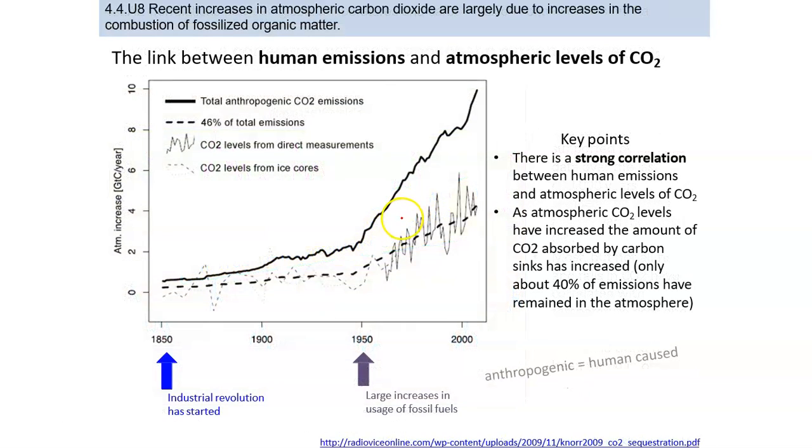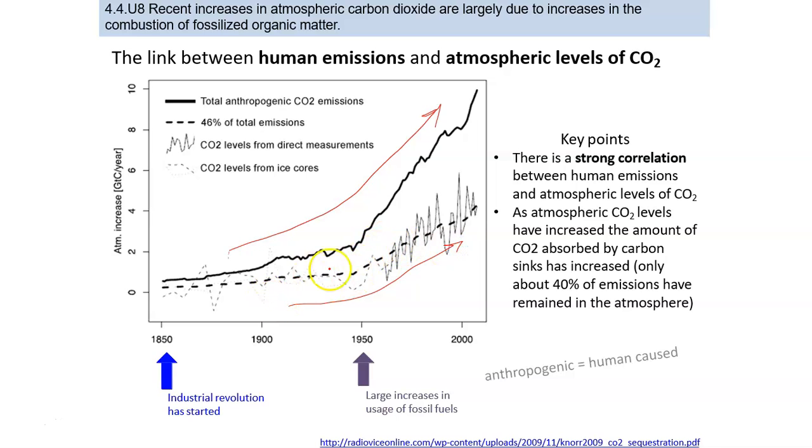The link between human emissions and atmospheric levels of CO2. In this graph, you will see the total anthropogenic carbon dioxide emissions, which means the carbon dioxide emissions caused by humans, and this dash shows the 46% of the total emission.